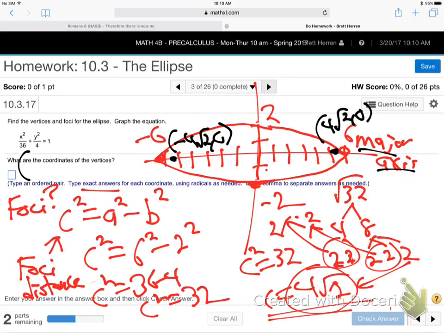I don't always have a lot of time to explain what the foci are because I'm so busy with the equations. Does anybody know already how you make up an ellipse? What do the foci have to do with the actual making of an ellipse?